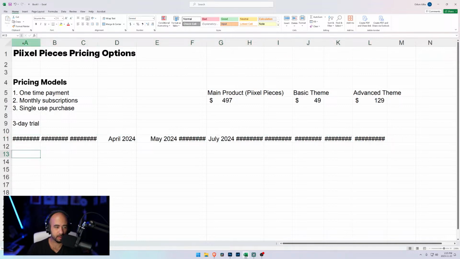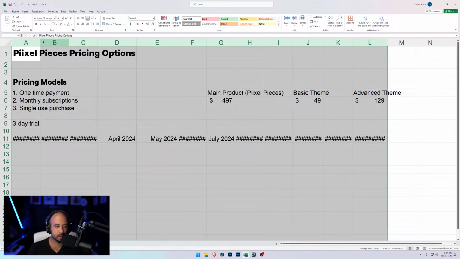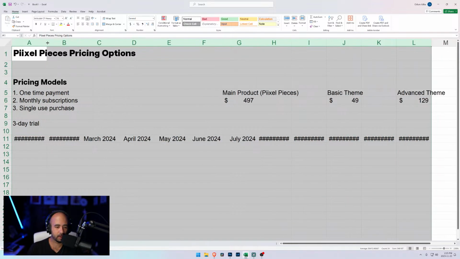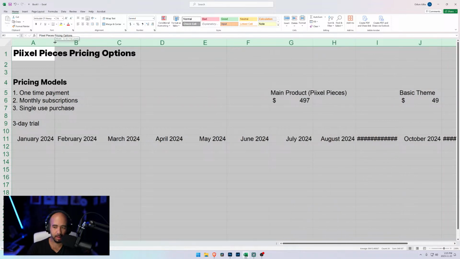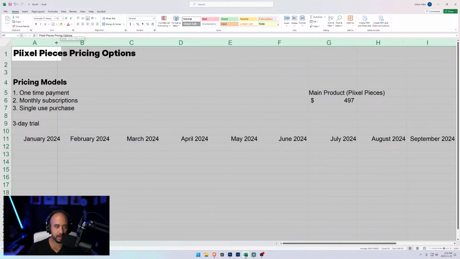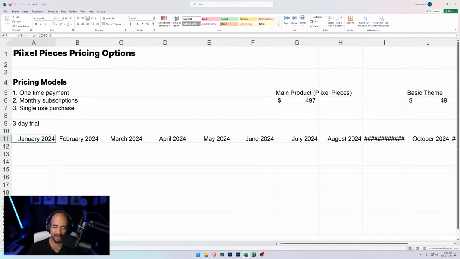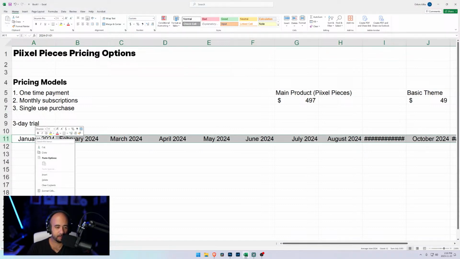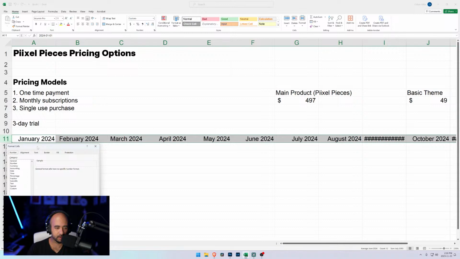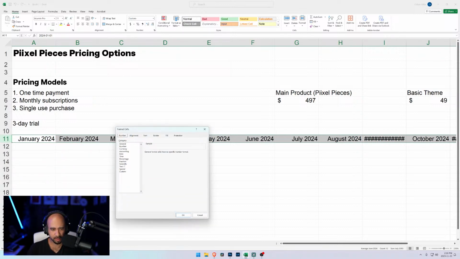Let's cut this down here and actually, okay, now the rows, they need to be too long. Let's change this. Let's go back to how it was. Format cells. Date. No, it's not. Oh, here we go.